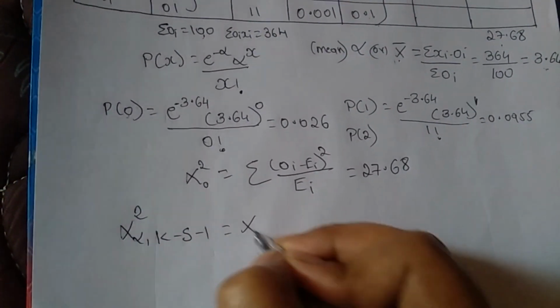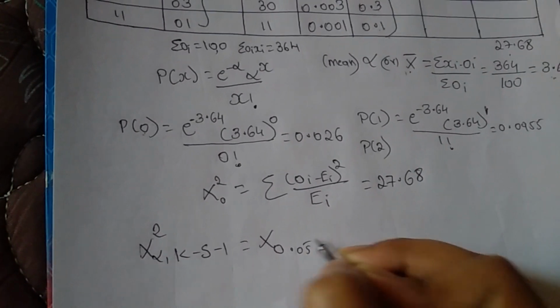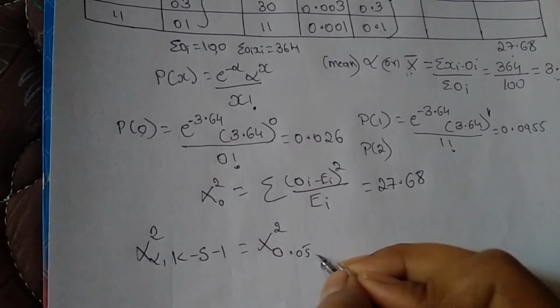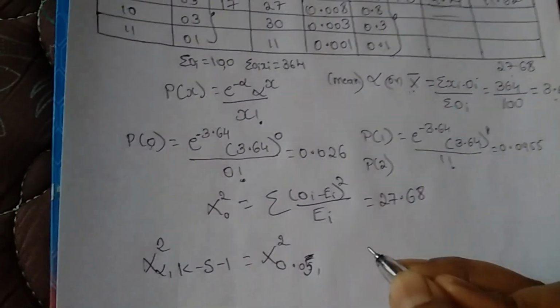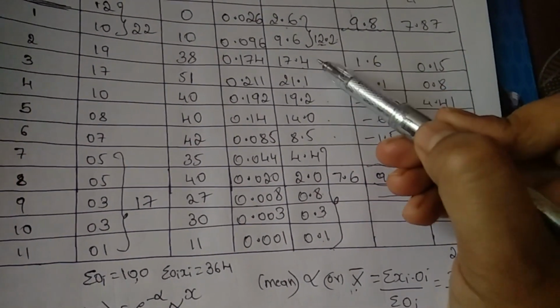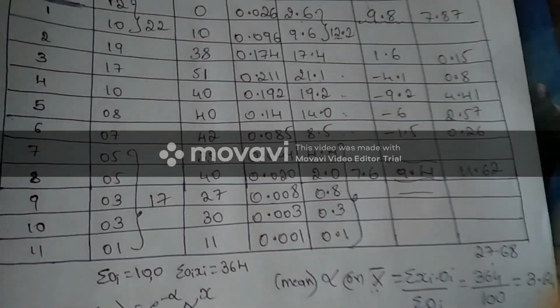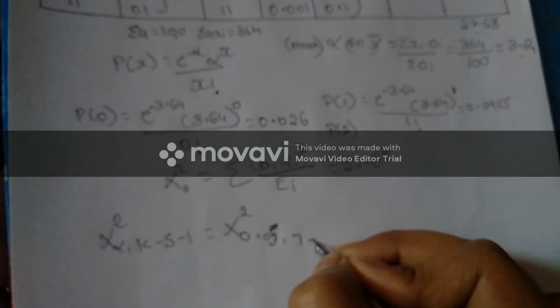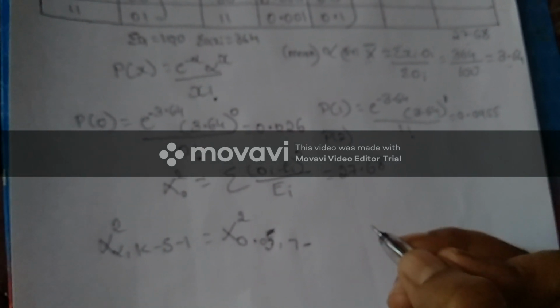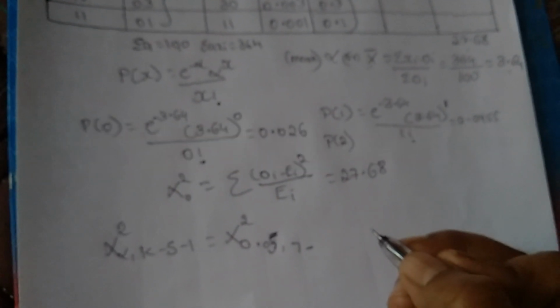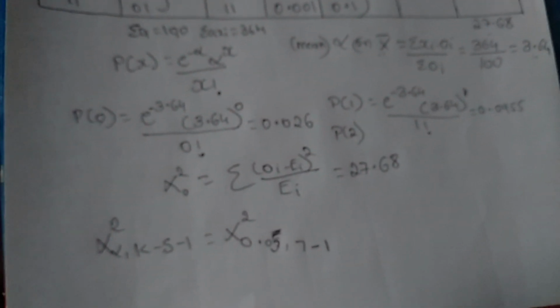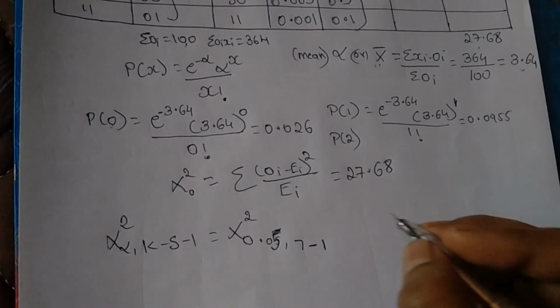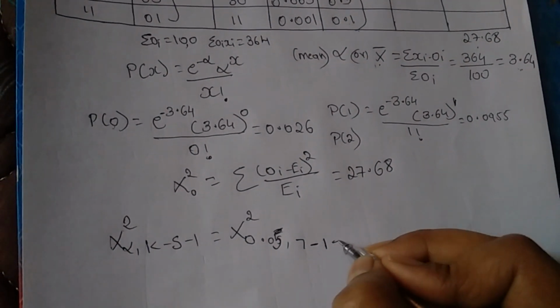What is k? It is the number of intervals, 1, 2, 3, 4, 5, 6, 7. Number of intervals is 7, minus s, the number of parameters estimated. Number of parameters here is only 1. Then minus 1.